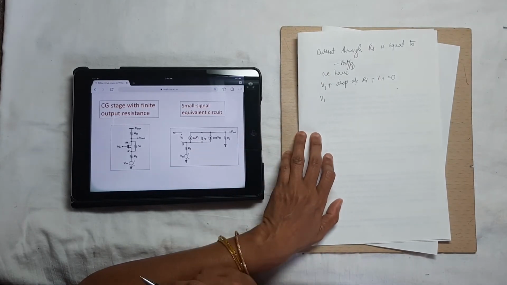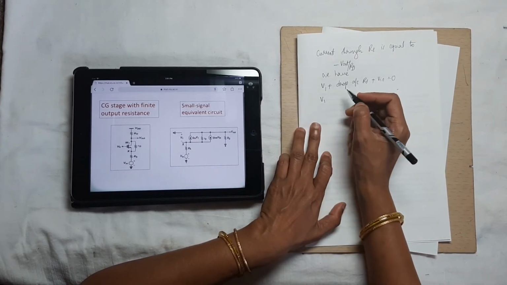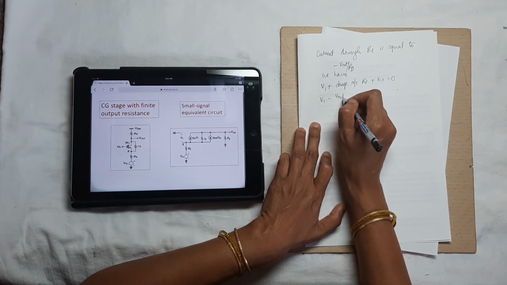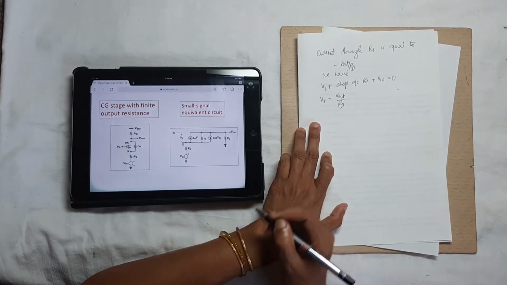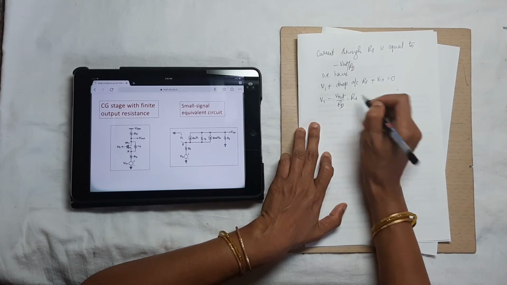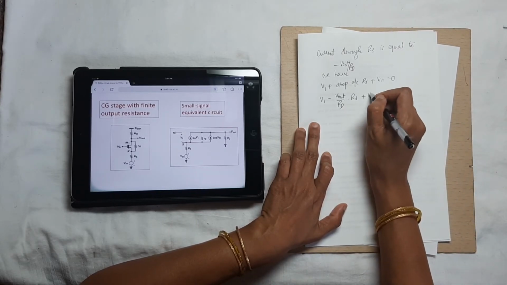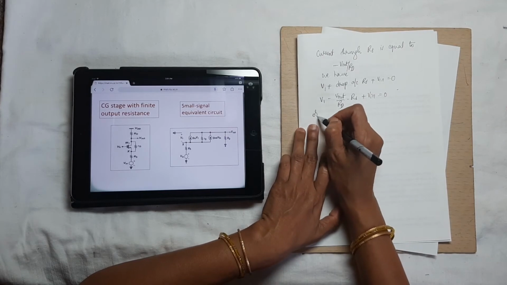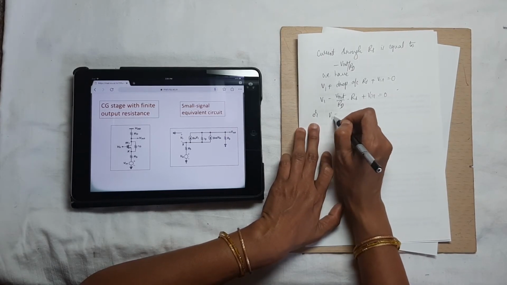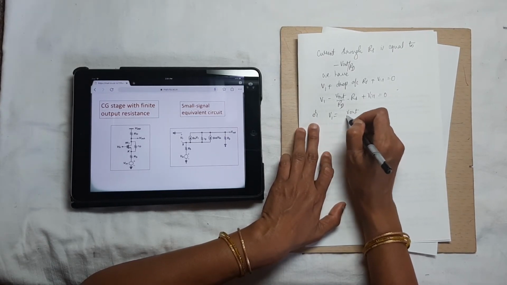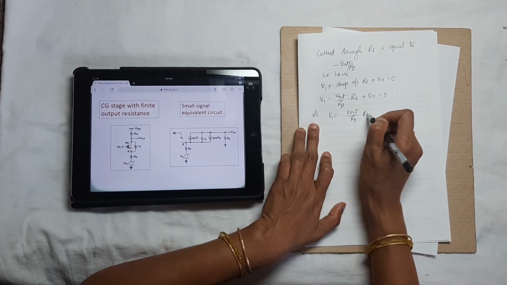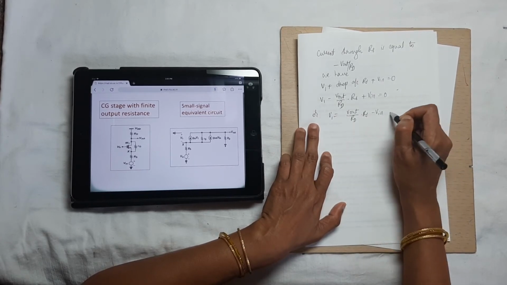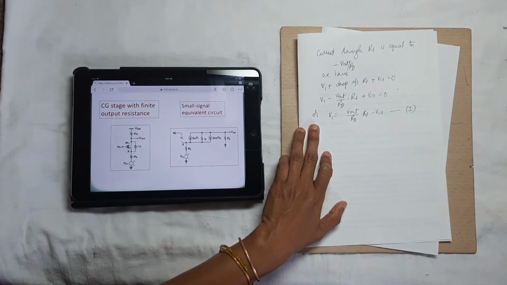Current through RS multiplied by resistance. Current through RS is minus V out divided by RD multiplied by the resistance RS, plus Vin is equal to 0. The same equation can be written as V1 is equal to V out divided by RD into RS minus Vin. Let us call this equation number 1.